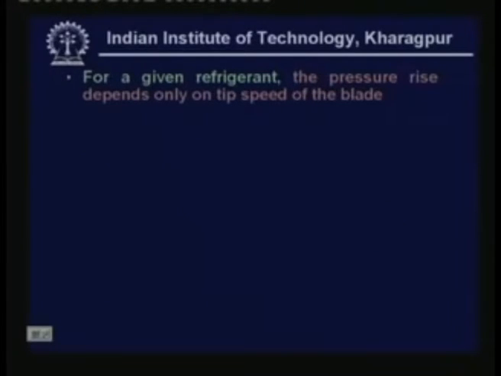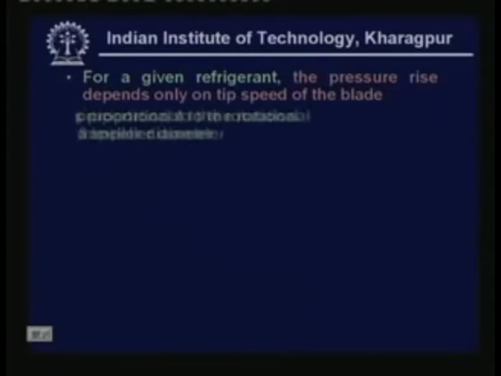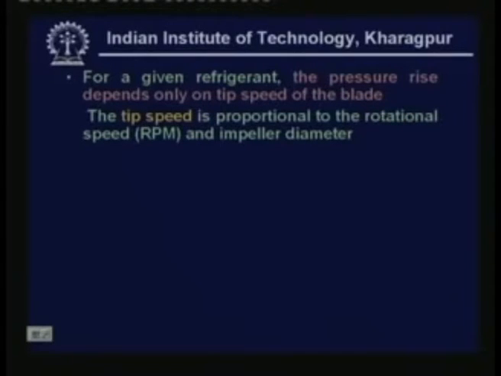From this equation you can see that for a given refrigerant, the pressure rise depends only on the tip speed of the blade, because delta P is equal to rho V square, and if you fix the refrigerant and assume that rho is constant, then the pressure rise is simply proportional to V square, that is the tip speed of the blade. The tip speed is proportional to the rotational speed and impeller diameter.